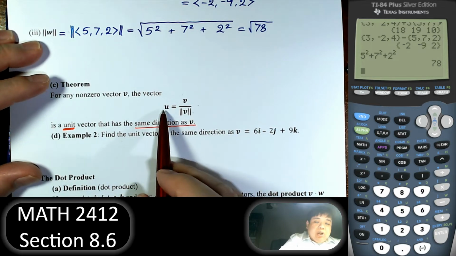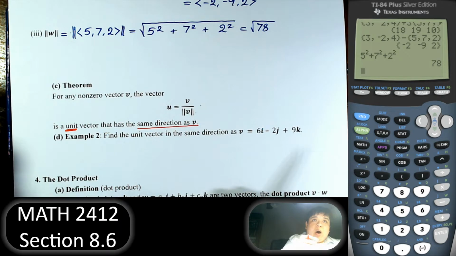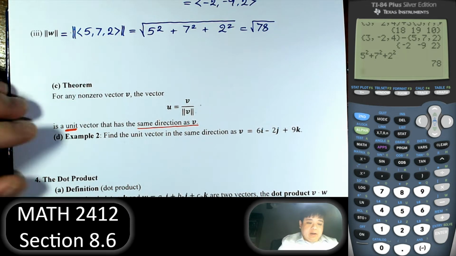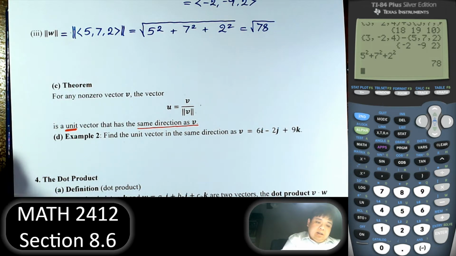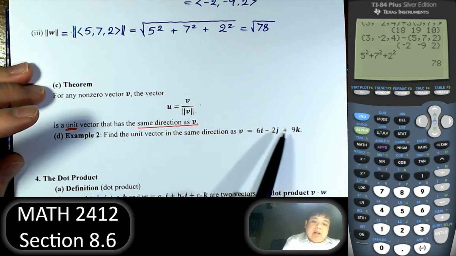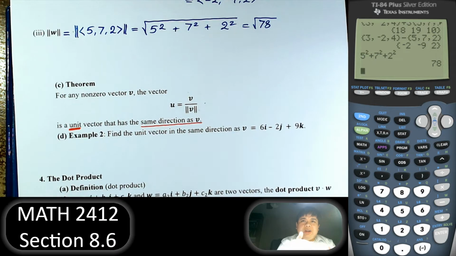So this vector u is in the same direction as v, but the length of u is equal to 1. Therefore, we use u for that.